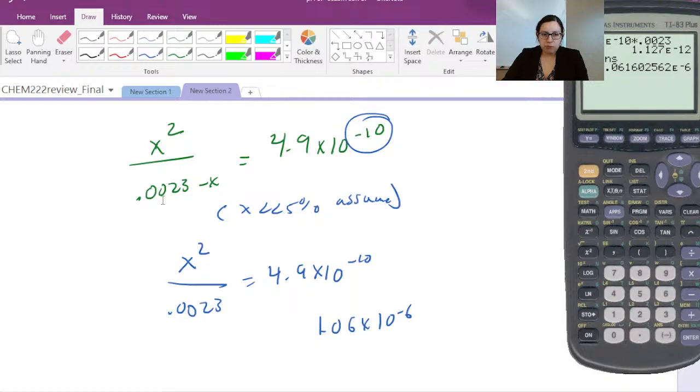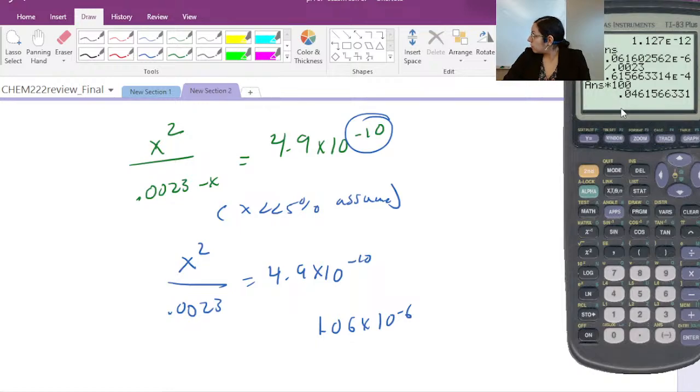Again, we just want to verify that it was less than 5% of this 0.0023, right? That's why we could make that assumption. So times 100. So yes, it's not even a full percentage, not even 0.1%. So very, very small amount.